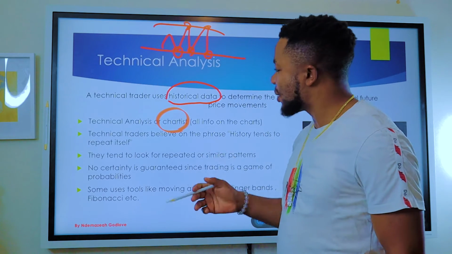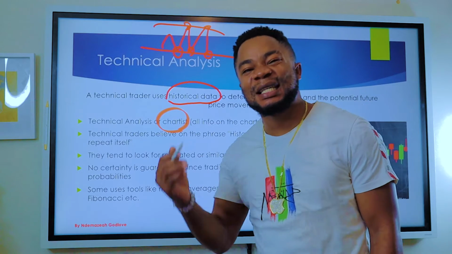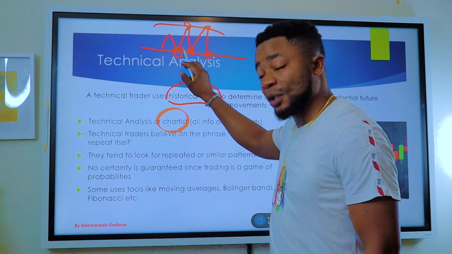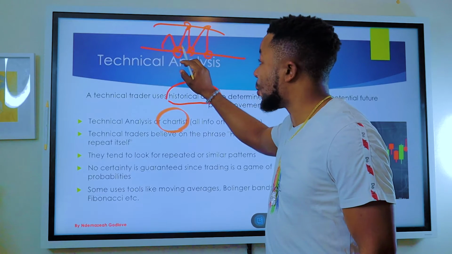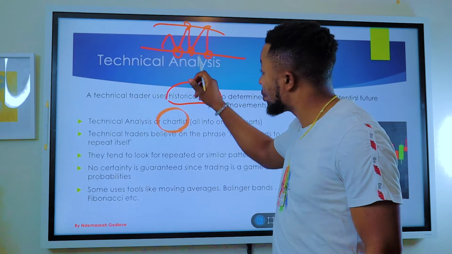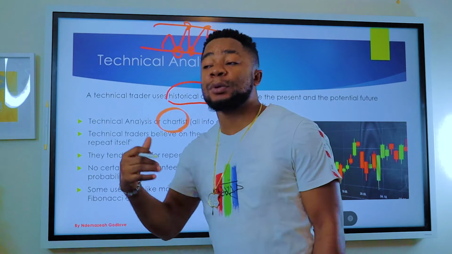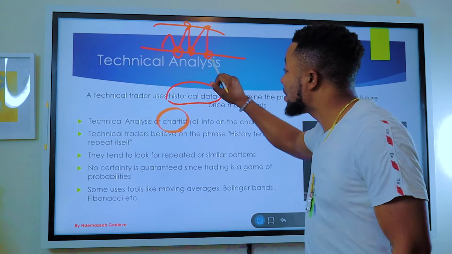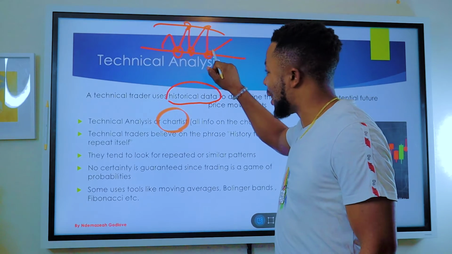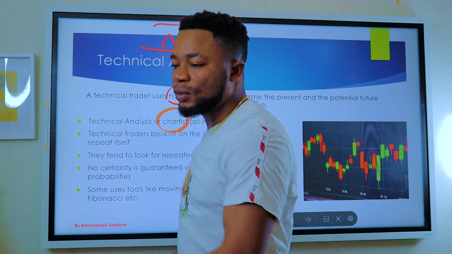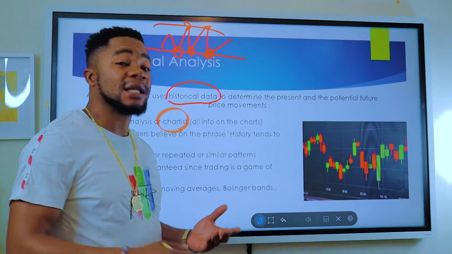All right, that is what technical analysts believe, that history tends to repeat itself, because history already shows you that there was supposed to be a support here. History already shows you that there was supposed to be another support there. And when it came here, 90% of the time, there's a high probability that history might repeat itself and there will be another support here. All right, so that gives you an edge. That gives you the reason for you to be able to take that particular trade.